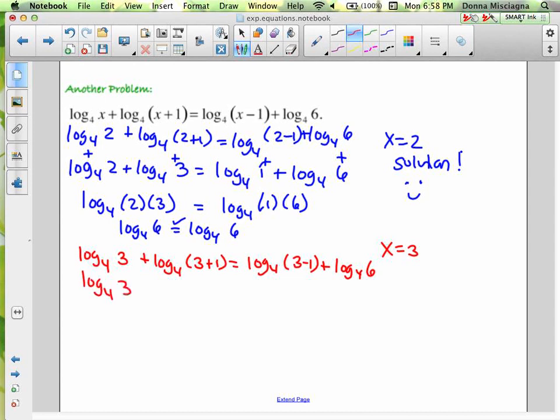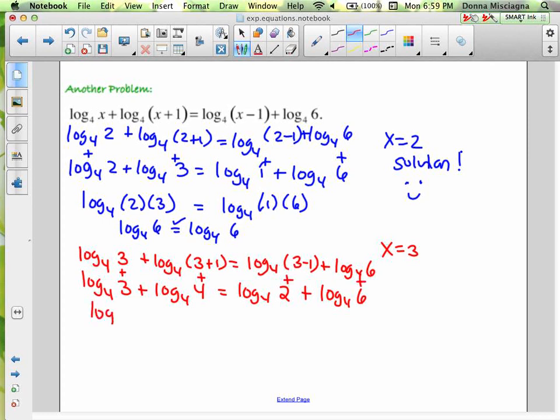Log base 4 of 4, that would just be 1. But log base 4 of 3 is not so pretty. Log base 4 of 2, that would be 1/2. But log base 4 of 6 isn't so pretty. So again, everybody's still positive. Positive, positive, positive. So we're still dealing with real numbers. Let's condense.